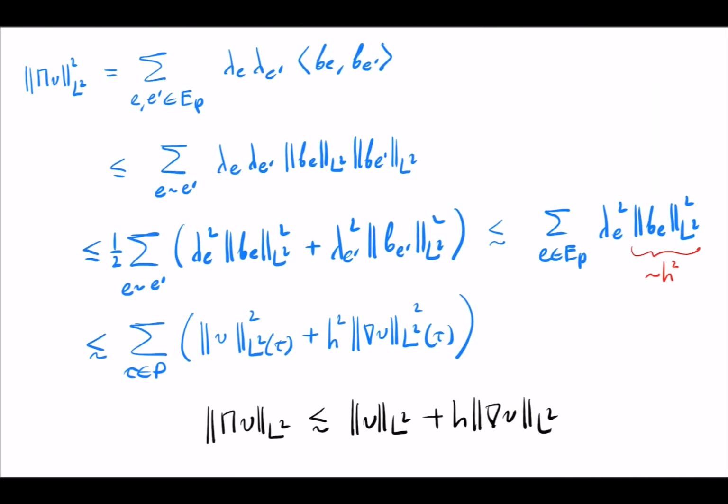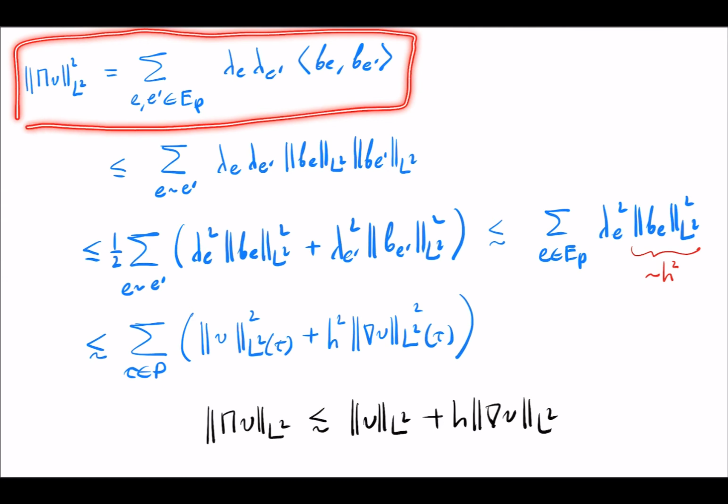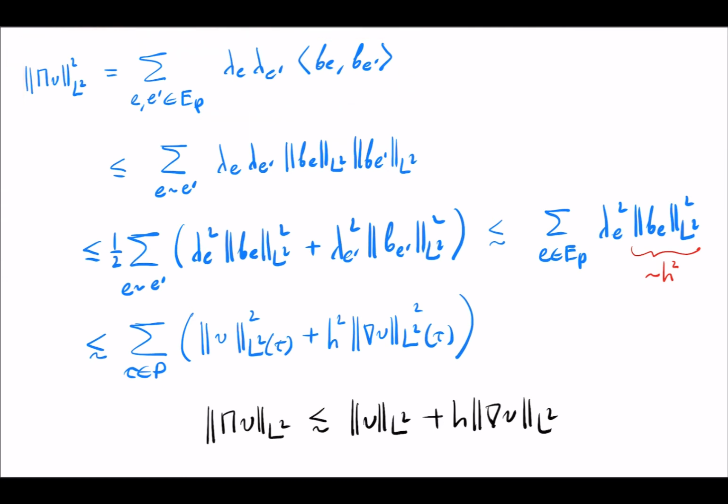Okay, so now we go to evaluating the L2 norm of pi v. So pi v was simply a linear combination of b's with coefficients lambda e. So we just simply expand that sum here. We get lambda e, lambda e prime, the sum is over e and e prime, and there is an L2 inner product between two edge bubble functions.